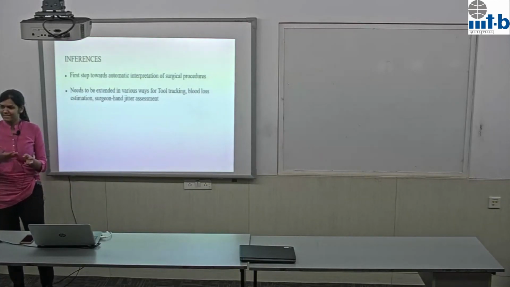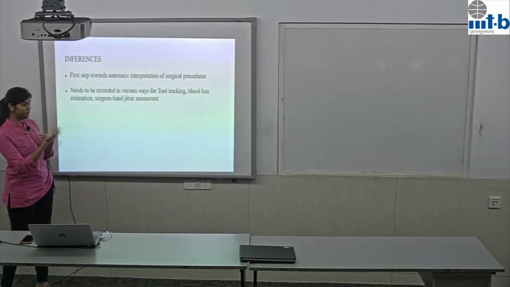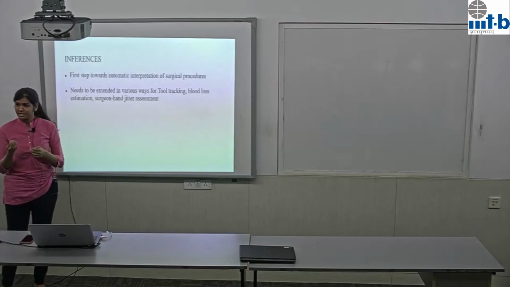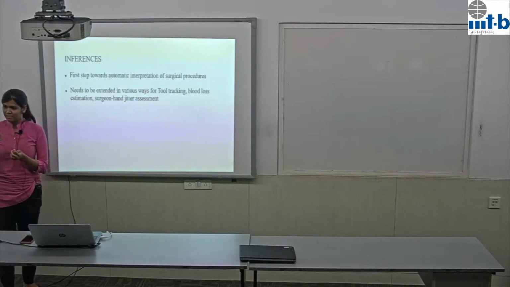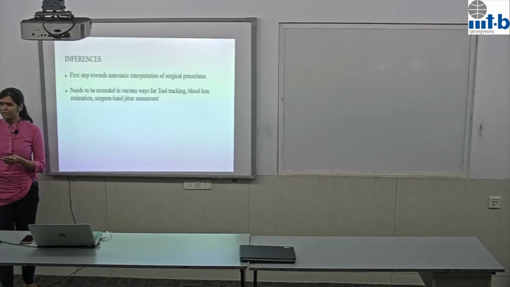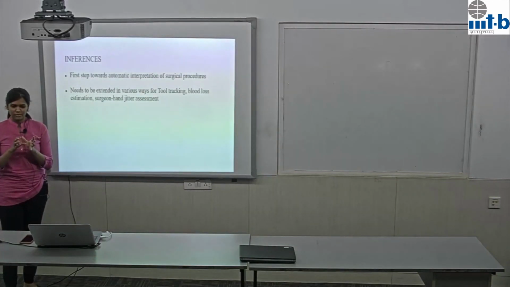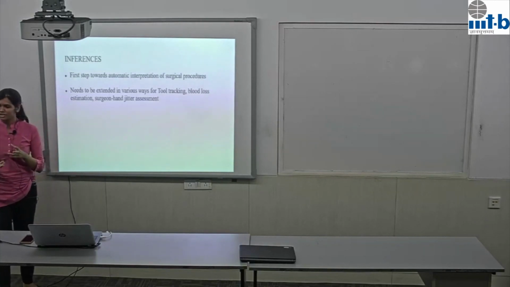So this is real time, but it's a question that was proposed by a neurosurgeon at NIMHANS, and also surgeon hand jitter assessment. So in the beginning, the surgeons might have some amount of jitter while performing surgery, but through time they might improvise. So if we're able to quantitatively measure all these things in a surgery, a surgeon can improve upon these.